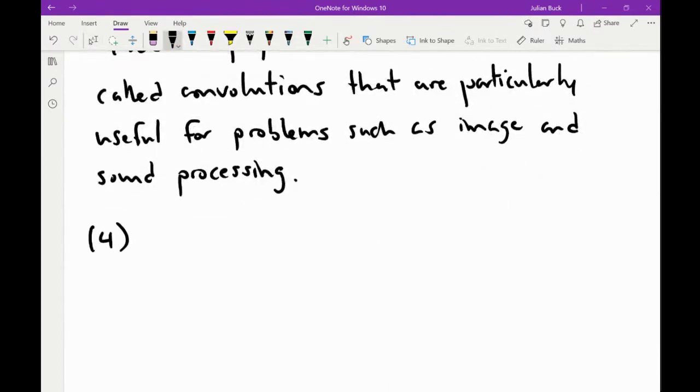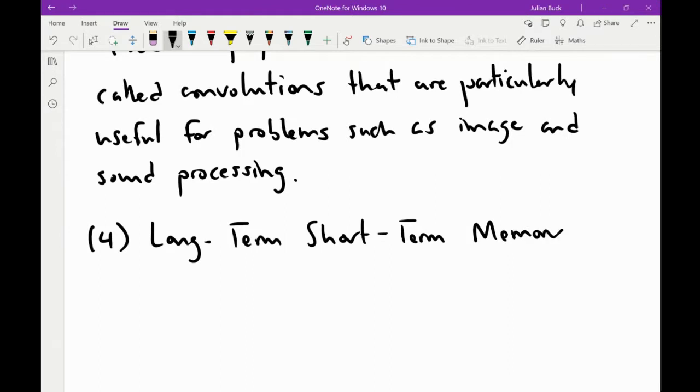All right, another kind, I'm just going to give the name here: long short-term memory networks, LSTMs.